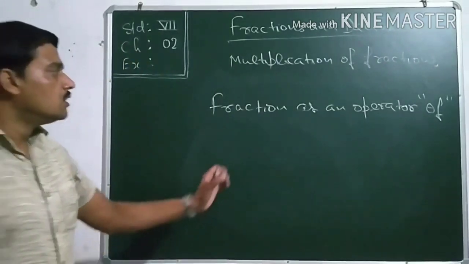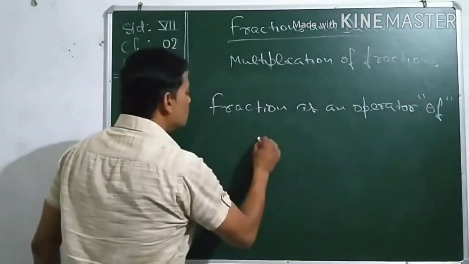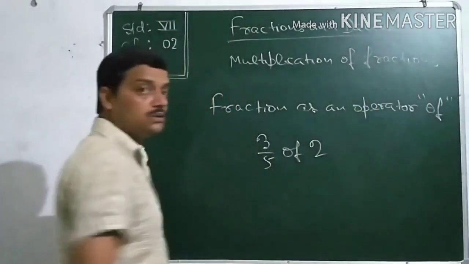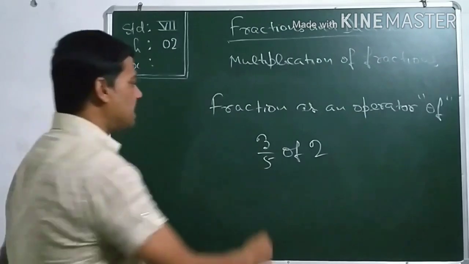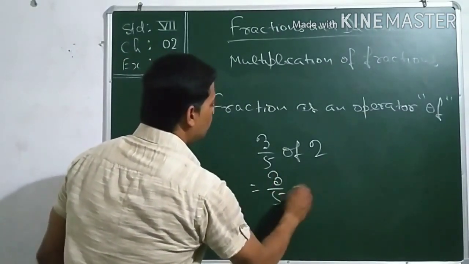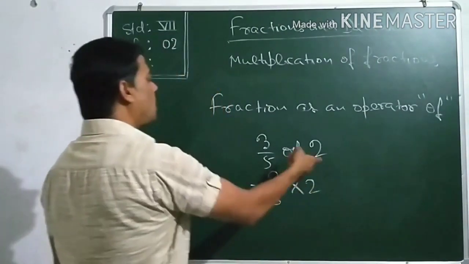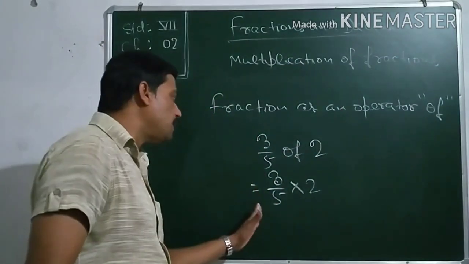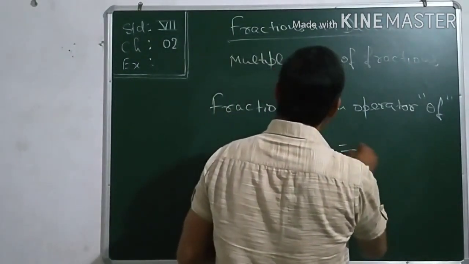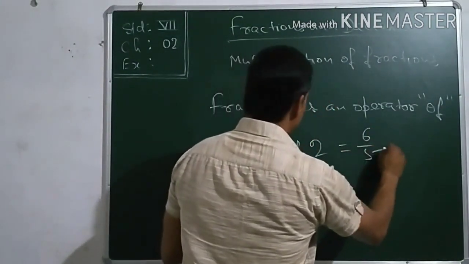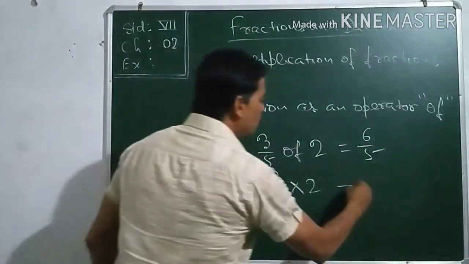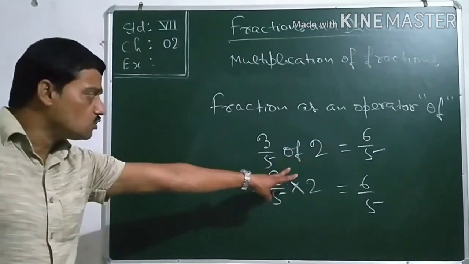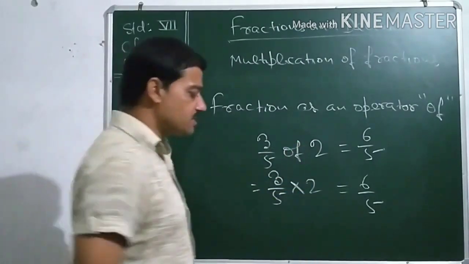See how to operate 'of'. 3 by 5 of 2 will be considered as 3 by 5 into 2. Both are equal. So whenever you get 3 by 5 of 2, this will be equal to 6 by 5, or 3 by 5 into 2 will also represent 6 by 5. So the operator 'of' also works as the multiplication sign.